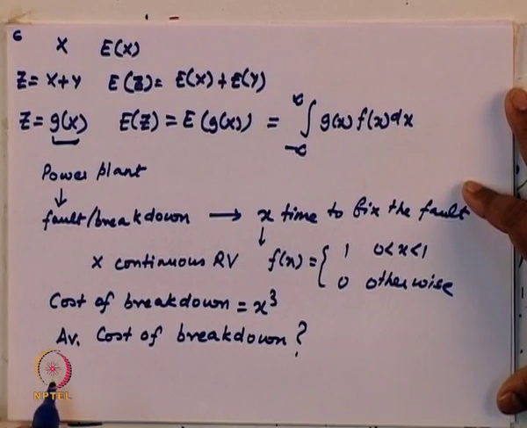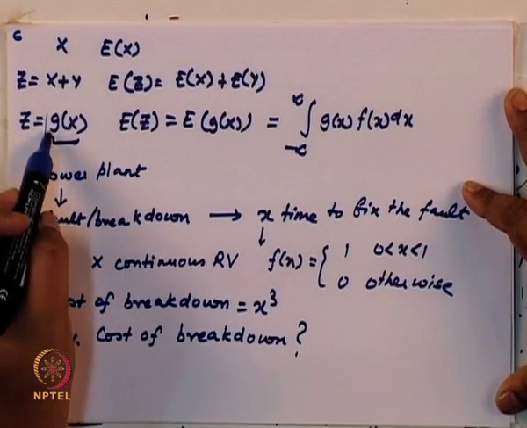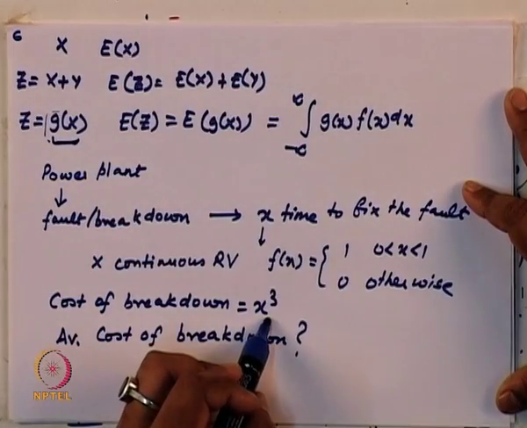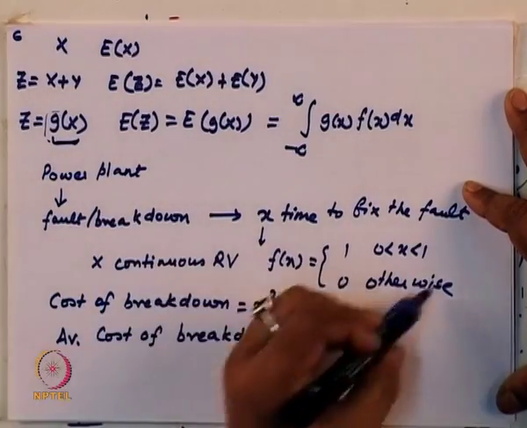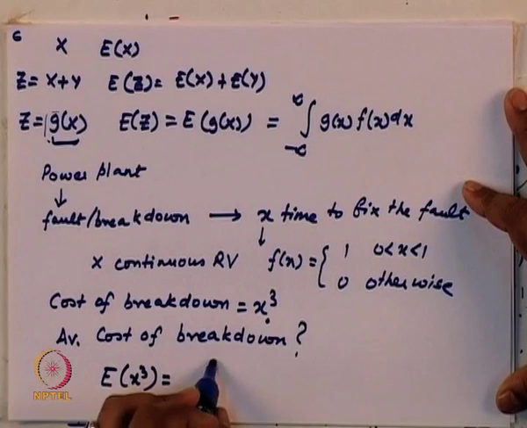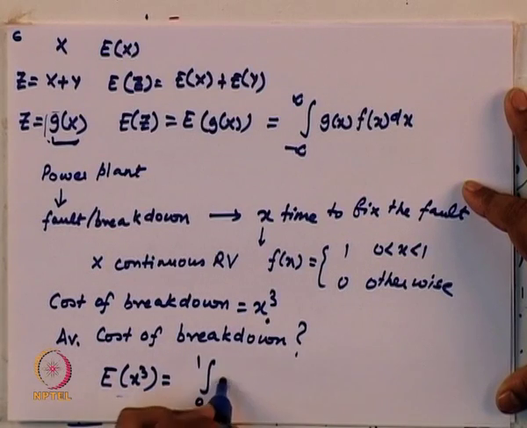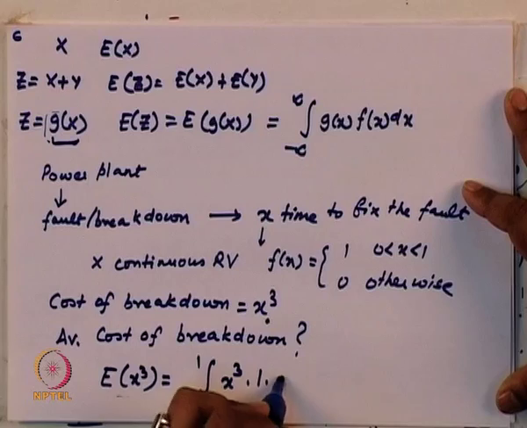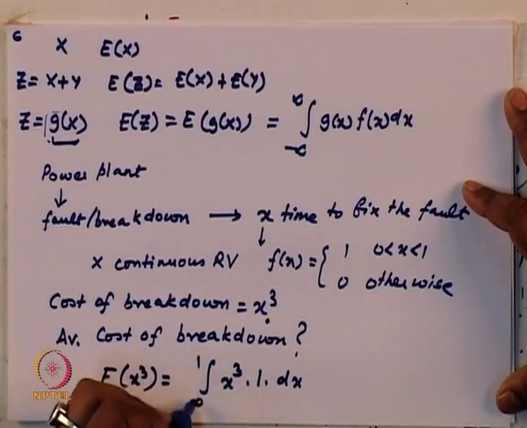What will you do? Essentially, you have a function g of X, which is X cubed, and this is the corresponding probability distribution. So, we want to find out expectation of X cubed, which is nothing but the integral from 0 to 1 of X cubed into 1 into dx. Why do we have only the limits 0 to 1?